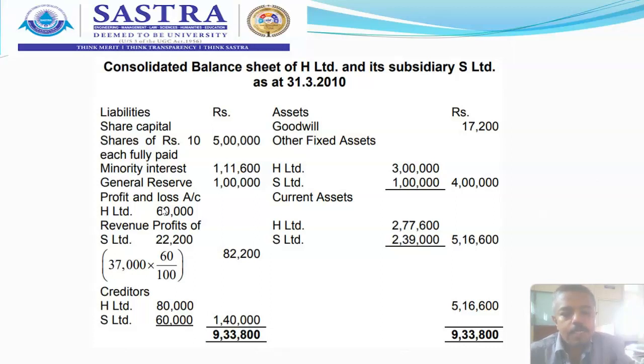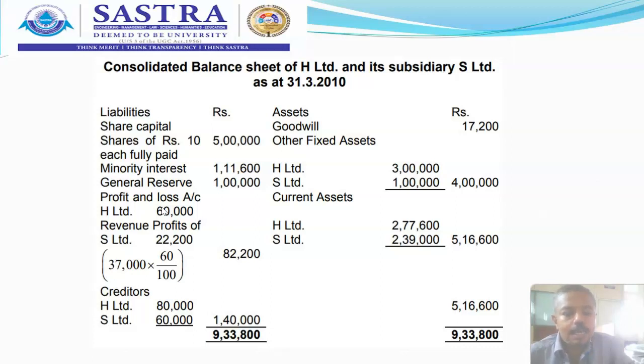So altogether the profit and loss account shown in the consolidated balance sheet is rupees 82,200. It is a total of 60,000, which is the direct revenue profit of H Limited, and 22,200, which is the 60% portion of the revenue profit from S Limited.